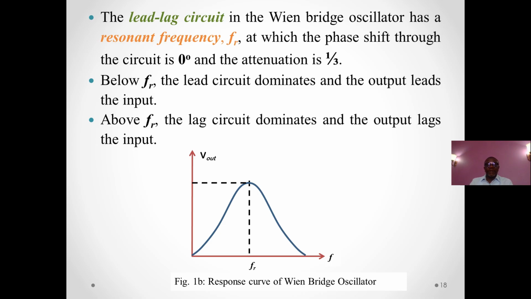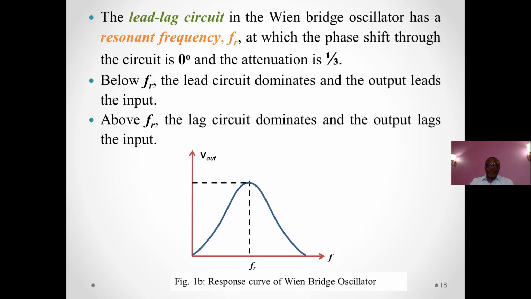So let's look at this figure. This waveform written in blue, the vertical axis is the Vout, the amplitude, the voltage output, while the horizontal axis is the frequency.